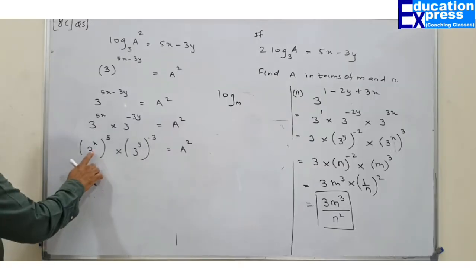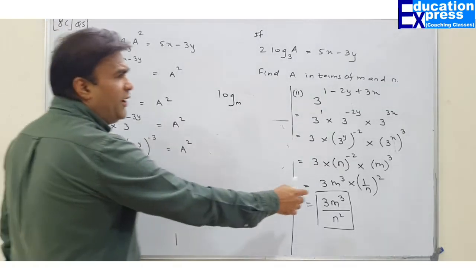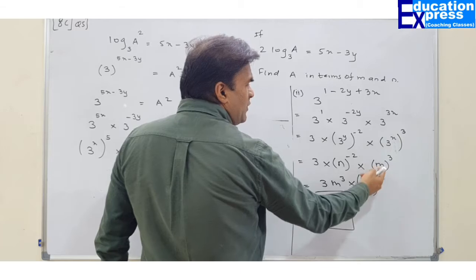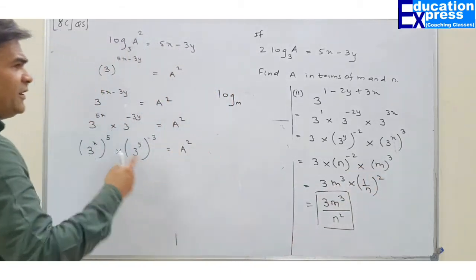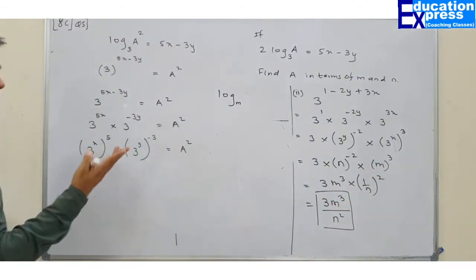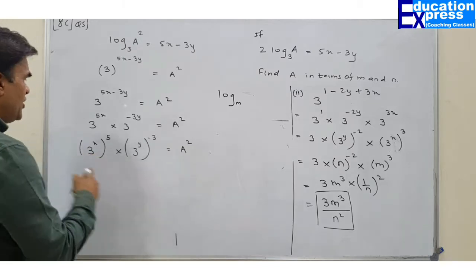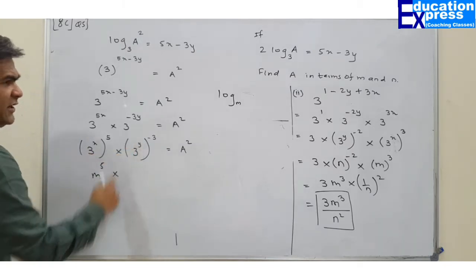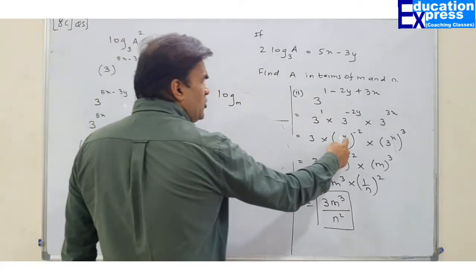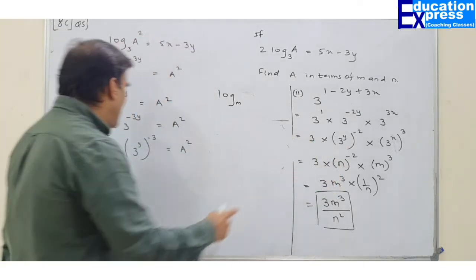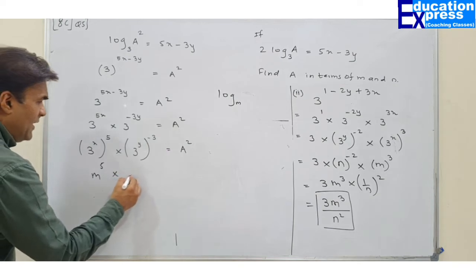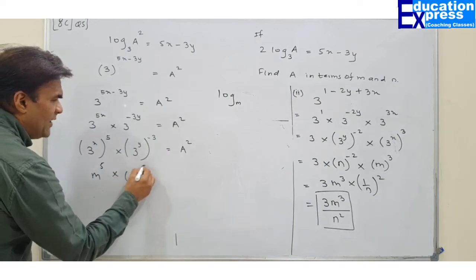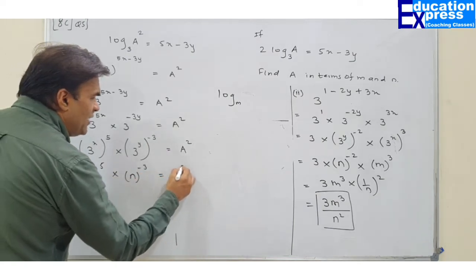Now since we have to find the value of 3 raised to x, we already know 3 raised to x was substituted as m. We have already done the working in the first and the second part. So 3 raised to x is nothing but m, so this is m raised to 5. 3 raised to y was substituted as n, so this would be n raised to minus 3 equals a square.